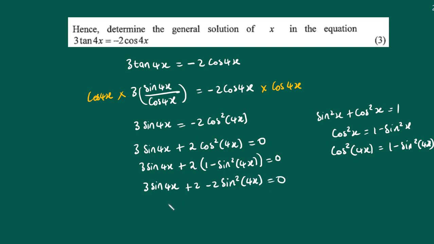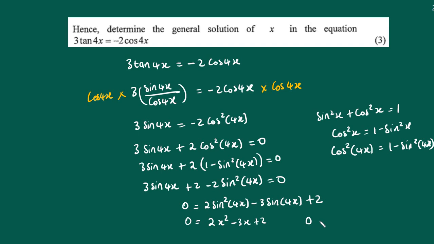Then you can take it to the other side and rewrite it as 2 sine squared 4x minus 3 sine 4x plus 2. Then it goes back to the one that needs you to factorize using a trinomial, because it's like you have 2x squared minus 3x plus 2, and it can be factorized.